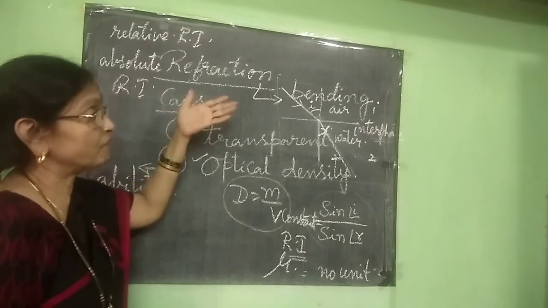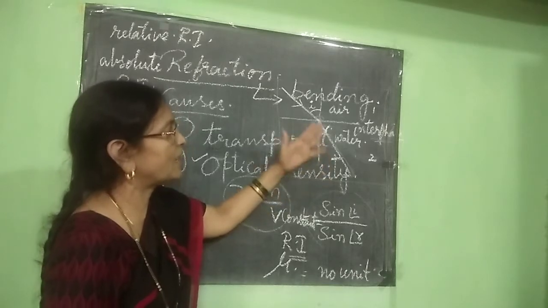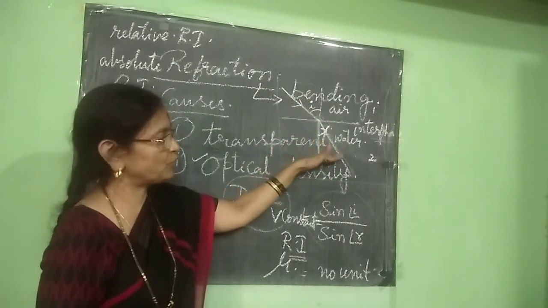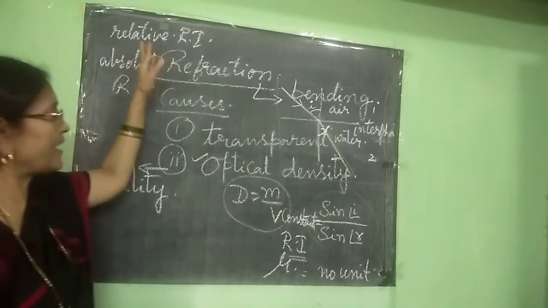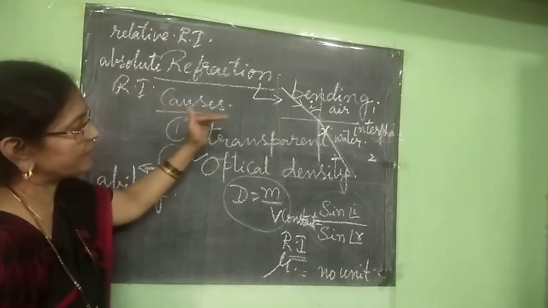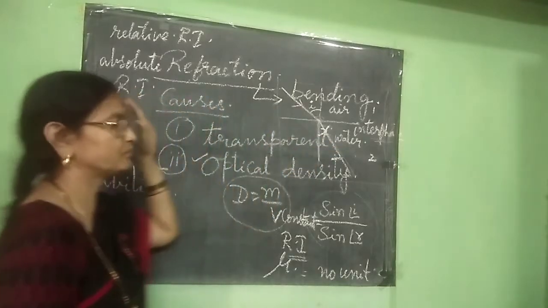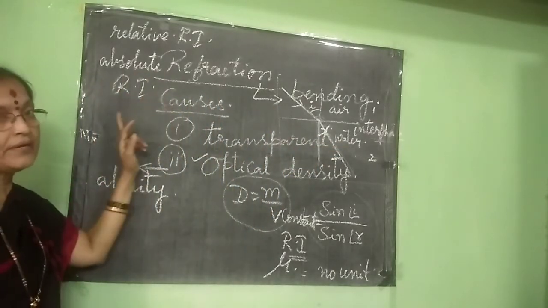Suppose you are calculating the refractive index of water with respect to air, or of air with respect to water, then it is called relative refractive index. When you are calculating the refractive index of air with respect to vacuum or of water with respect to vacuum, then it is called absolute refractive index.